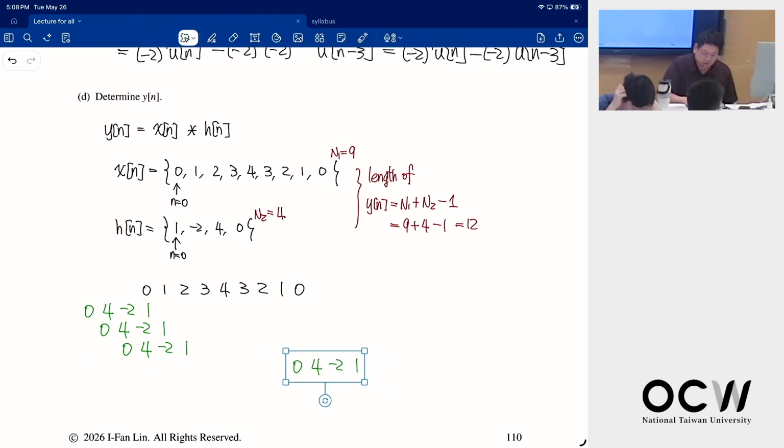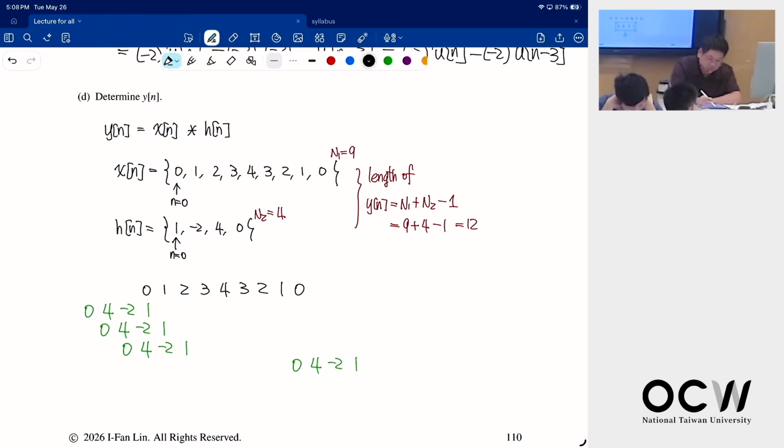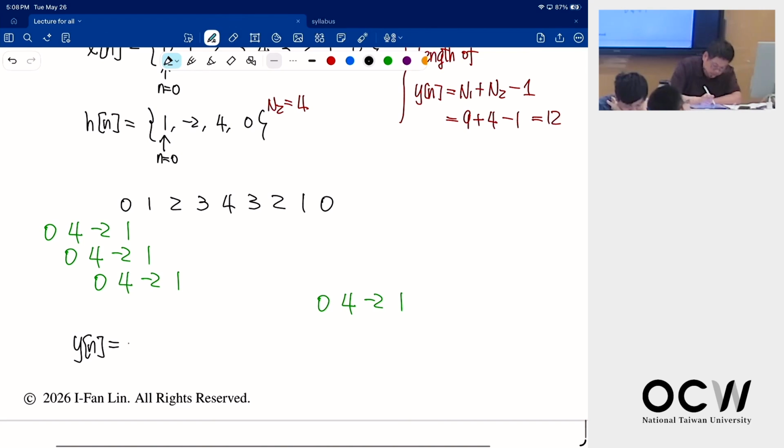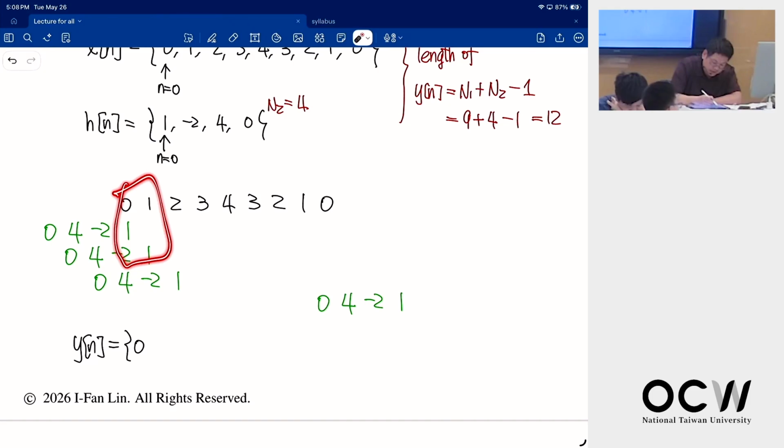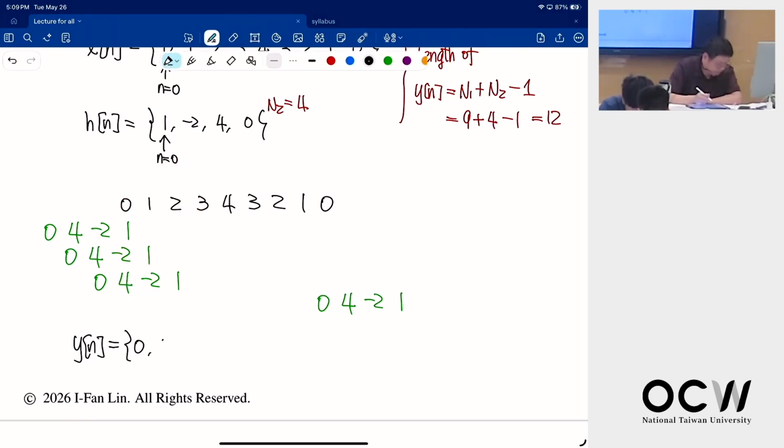So overall, your y should be: first is 0, second 1, third 2 minus 2 plus 0, 0. So you have 0, 1, 0, 3, 6, 7, 12, 9, 6, 4, 0, 0, starting here.